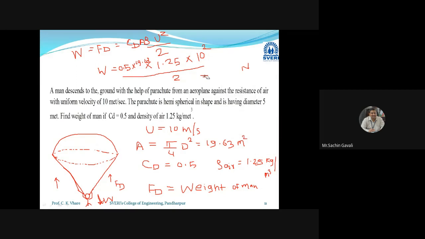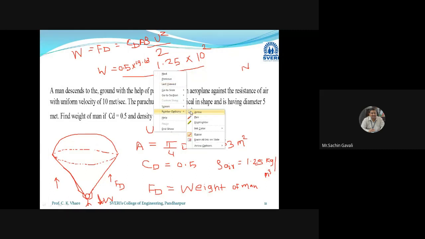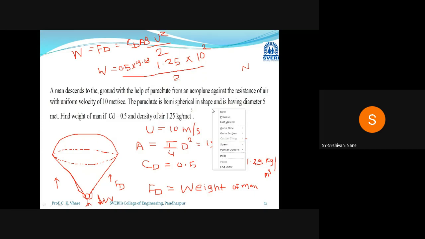Somebody can tell the calculation. 613.43 Newton.